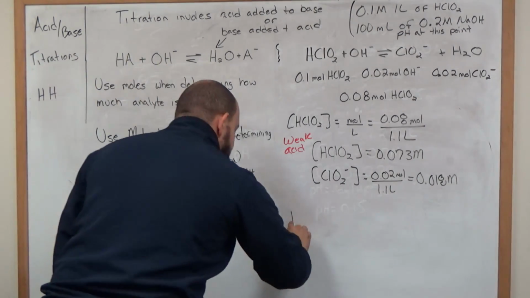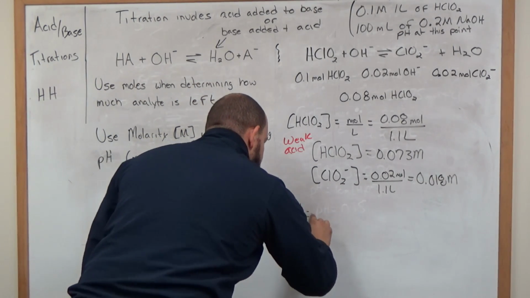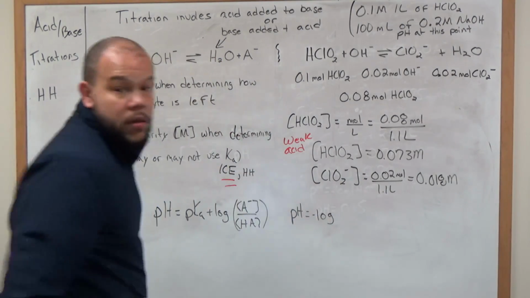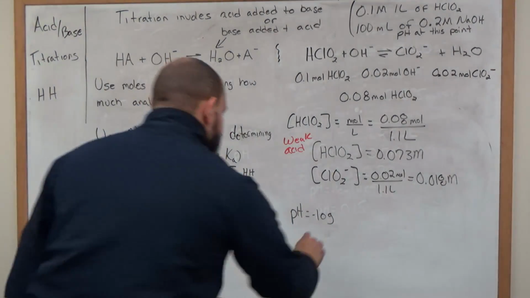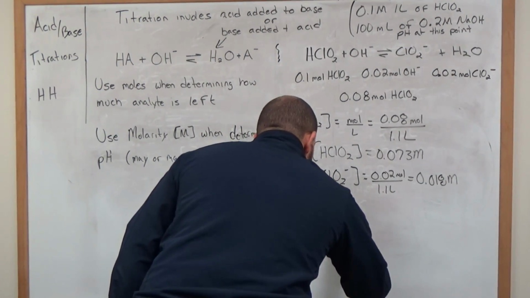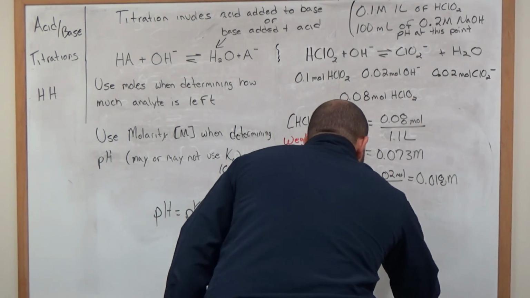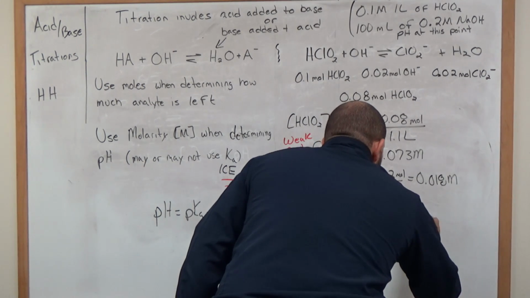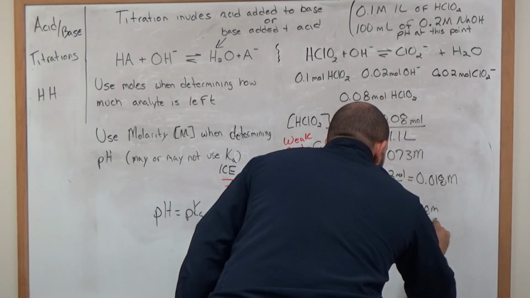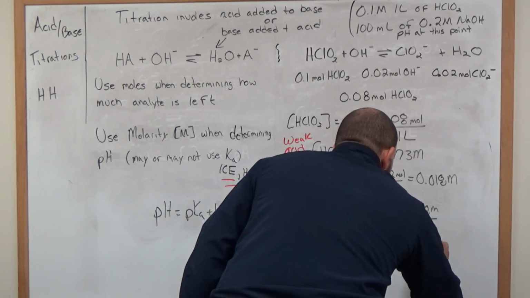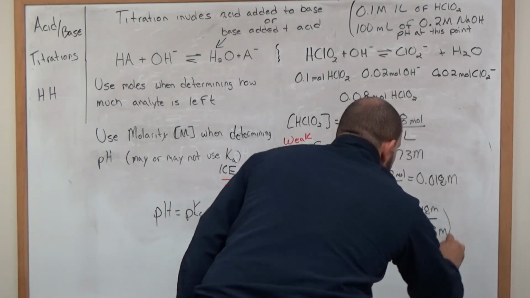That means that pH is equal to negative log of 1.1 times 10 to the negative 2, plus log 0.018 molar over 0.073 molar.